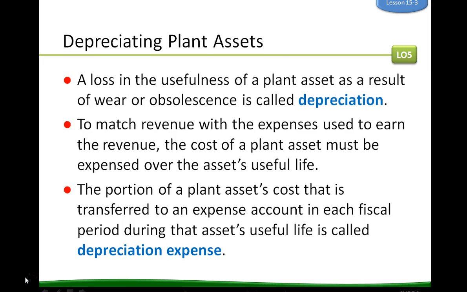The portion of a plant asset's cost that is transferred to an expense account in each fiscal period during that asset's useful life is called depreciation expense. When you're in a manufacturing facility and you depreciate something over time, once its value gets to 0, it's easier to get rid of the item and replace it with something newer, something more useful.